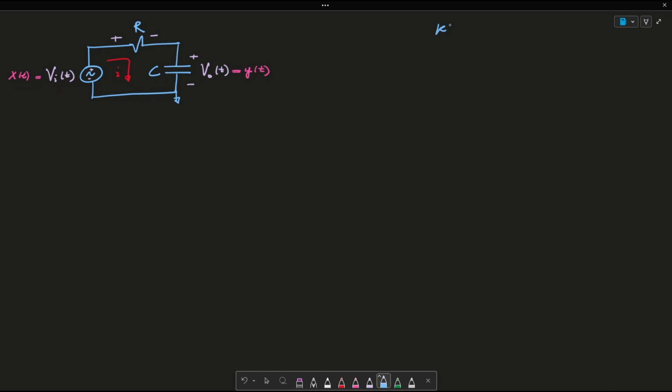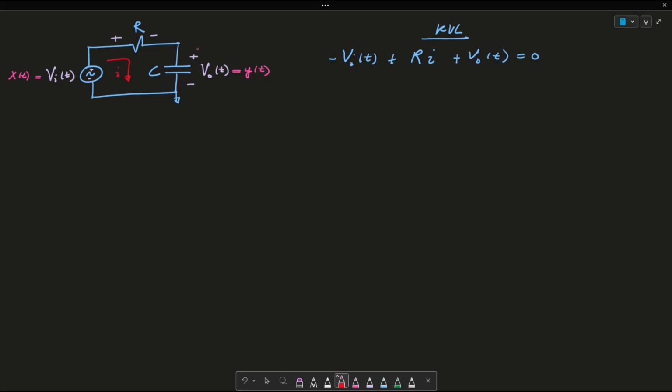Okay, so now let's go ahead and use KVL, which we've done many times in the past. We could solve the voltage across the circuit and say that this is minus Vi of t plus R times I plus V out of t is equated to 0.